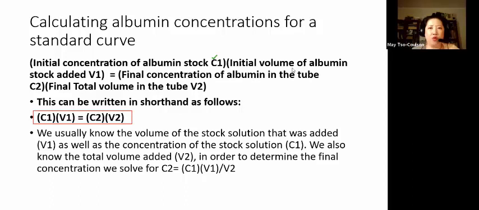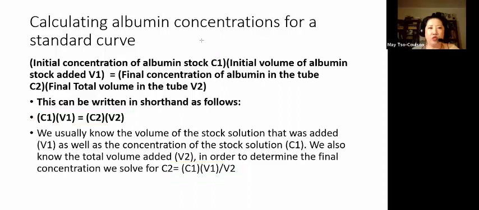We also know the initial volume of how much albumin we added to our test tube, so we also know the value for V1. We also know the total volume that we added into the test tube, V2. So we basically are now going to solve for C2, and we do that by rearranging the variables and solving for C2 as indicated in the formula down below.